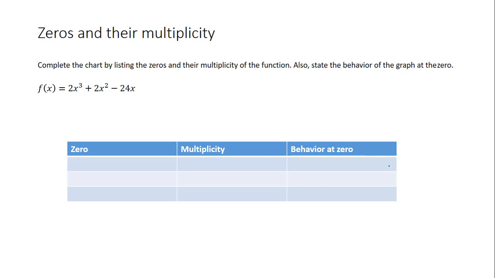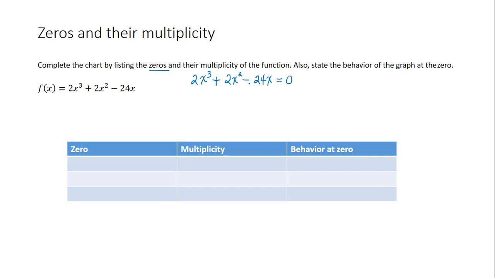Now, we want to keep working with this particular function, and we want to now find the zeros and their multiplicity. So we have 2x cubed plus 2x squared minus 24x is our function. To find the zeros means to find where f of x is equal to 0. That is, when we set that function equal to 0, what are the solutions?